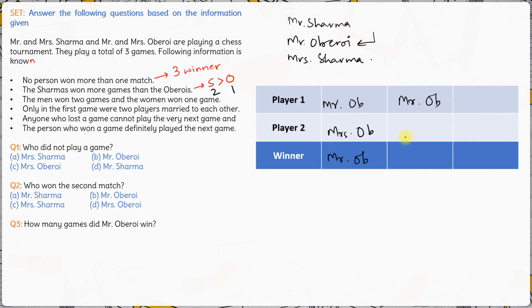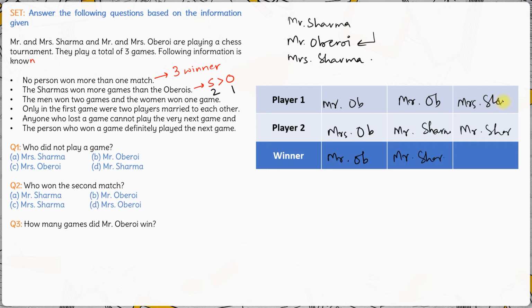Now the next player can be either Mrs. Oberoi, Mrs. Sharma or Mr. Sharma. Let's just say this is Mr. Sharma. Now Mr. Oberoi cannot win another match, so the winner of the second match has to be Mr. Sharma. Mr. Sharma advances to the next round and the next player will have to be Mrs. Sharma, because she has to win at least one match.